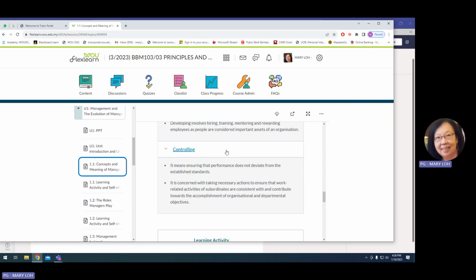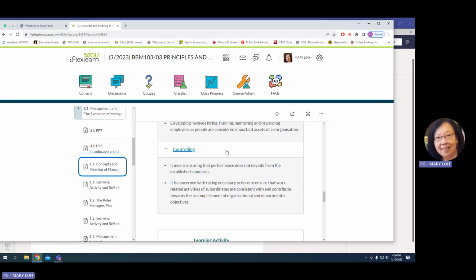And if they do not perform according to standard, you will need to get them to take corrective action, to do something to correct the mistake, to make sure everything is going on smoothly, right? Eventually the whole idea is to get them to achieve the organizational goals. So this is the part of controlling. So this is what you're supposed to write for question 1A, which is 20 marks.